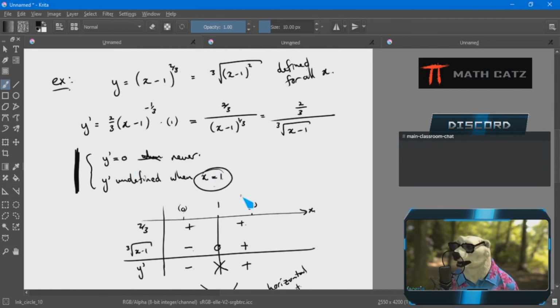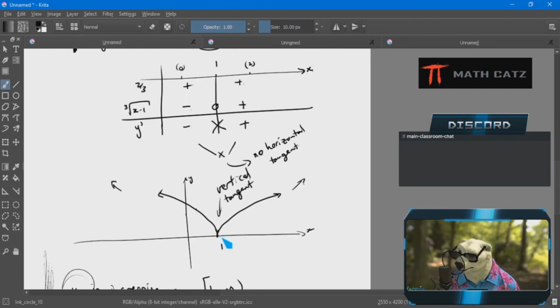We got an x equal to 1 coming out of that. And what I get here is a point where things are changing. It's going downhill to uphill. There's a turning point. It's an interesting point in the graph. We're going to call that a critical point.